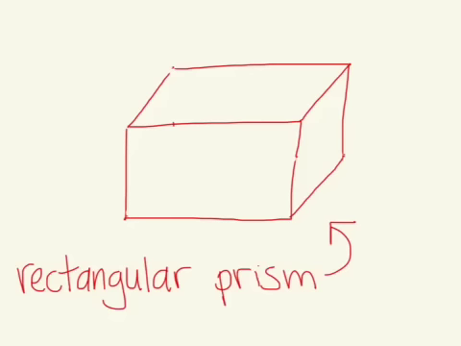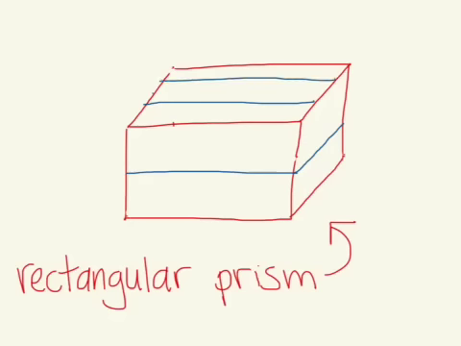So we'll draw ourselves some cubic units. Just can kind of see how we can make it look like it has cubes in it. And of course it's the magic whiteboard.